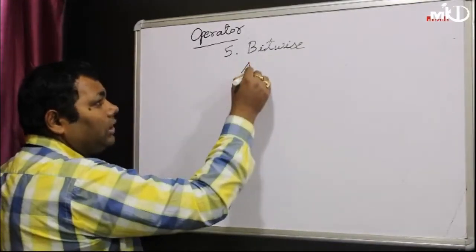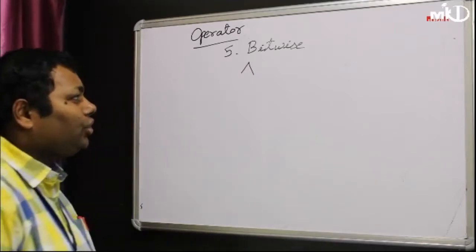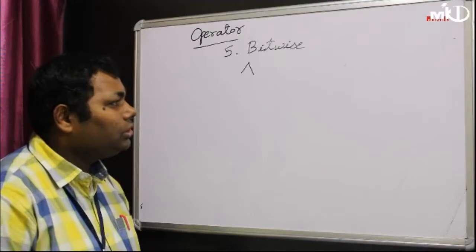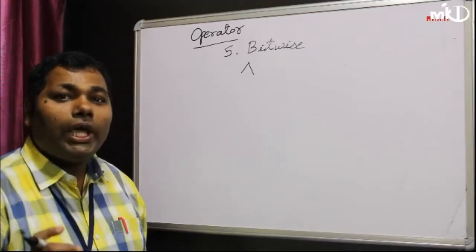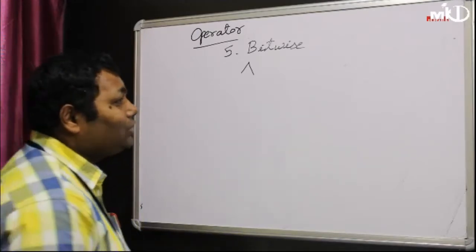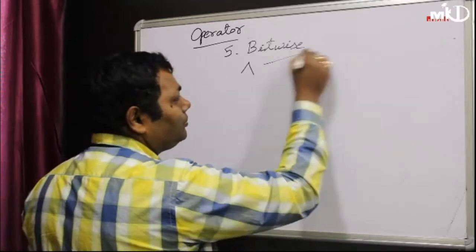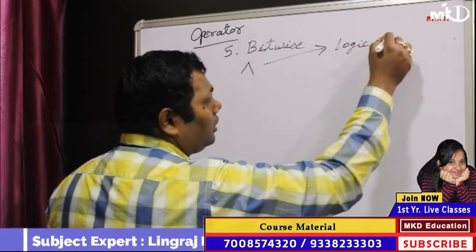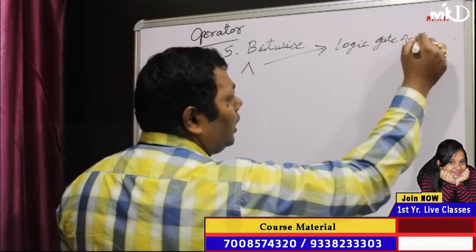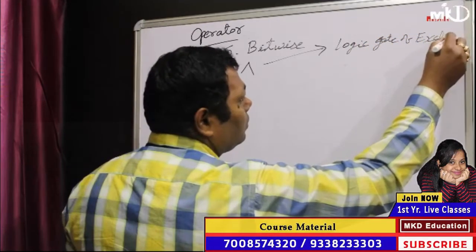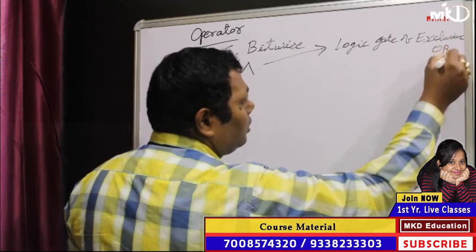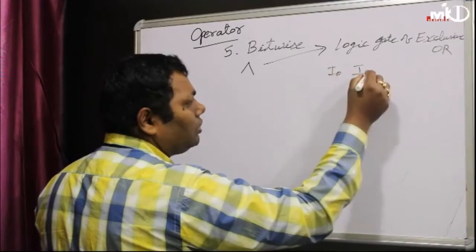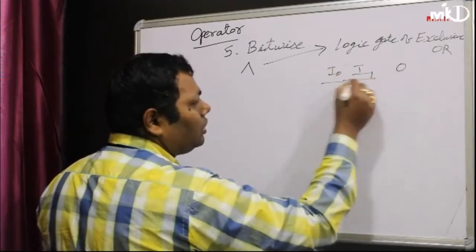Now bitwise XOR. XOR means exclusive OR. It uses the logic gate of exclusive OR, which has 2 inputs and 1 output.